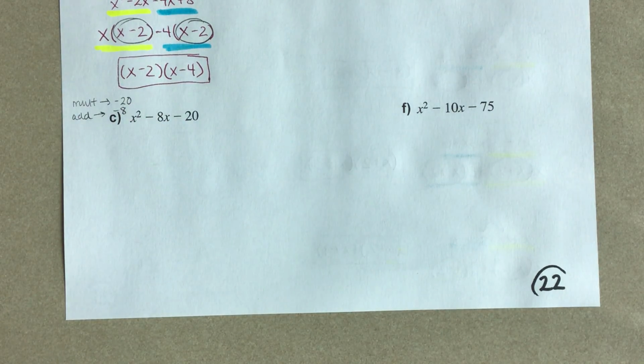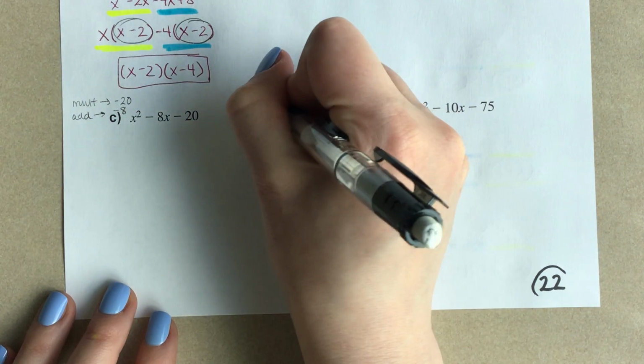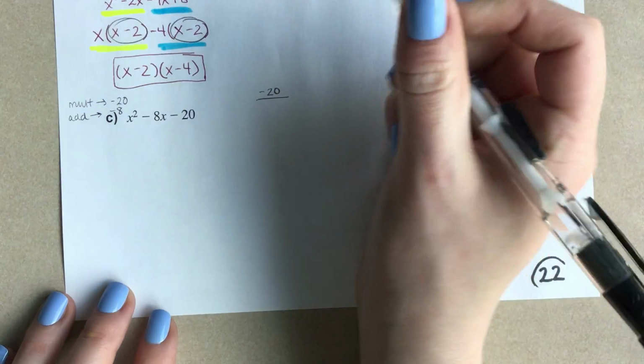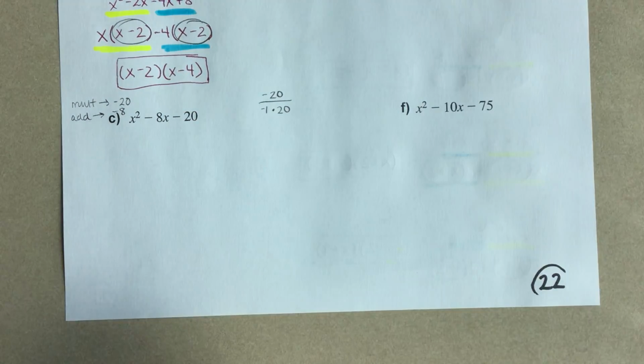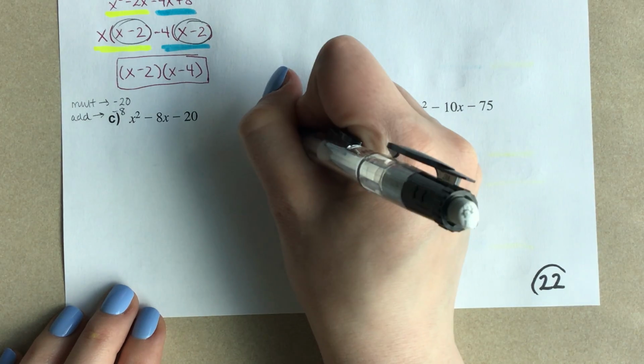Well, how on earth are we going to get two numbers that multiply to a negative number? One of the numbers is going to have to be positive, and one of the numbers is going to have to be negative. So, multiples of negative 20, that's going to be negative 1 and positive 20, or positive 1 and negative 20.